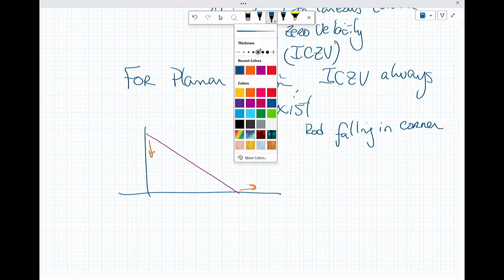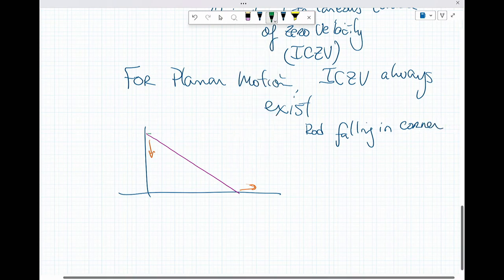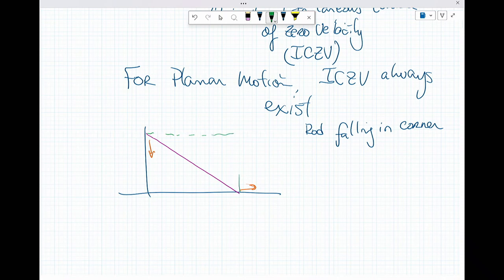In that case, you have an instantaneous center of zero velocity that's there. And it's easy to define, and it's often easier than any other approach. Because I just look at the geometry, say, hey, look, there's where it is, and it's all going to work out. I also know what the direction of rotation is. It's counterclockwise. I don't necessarily know what the magnitude is at this point, but I know enough from that.